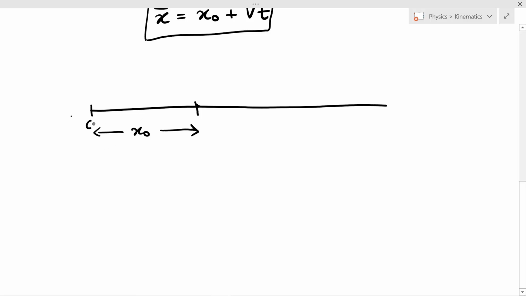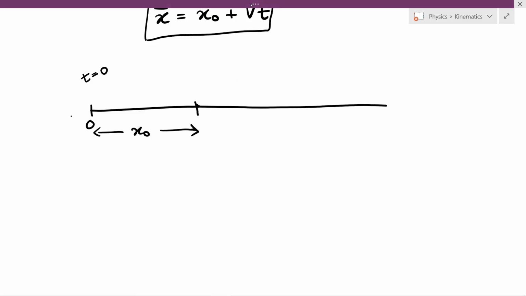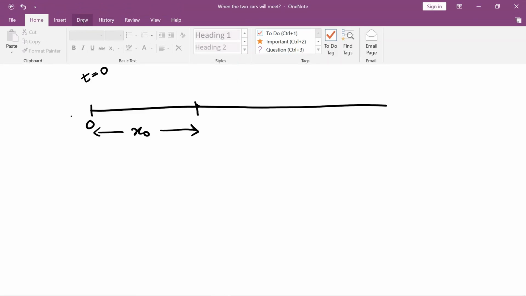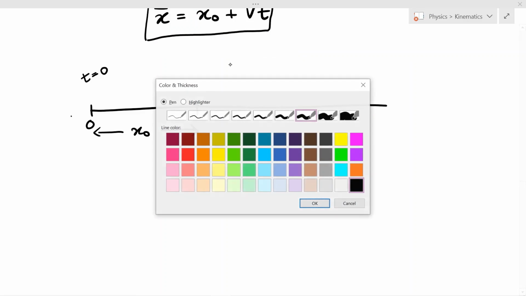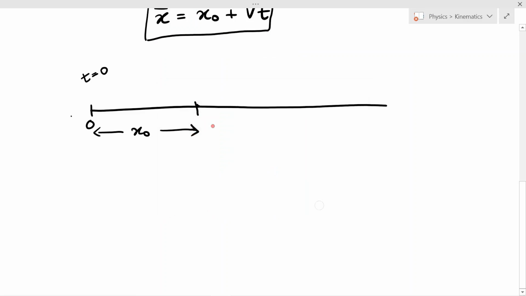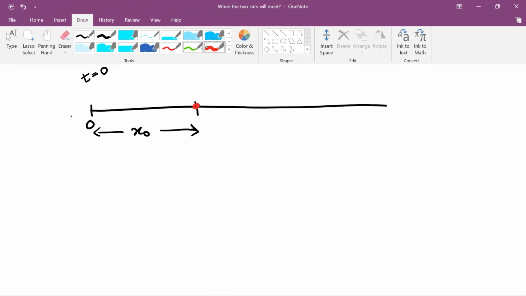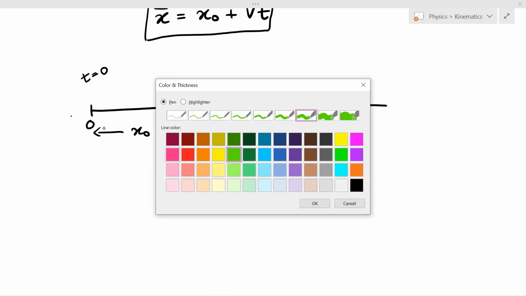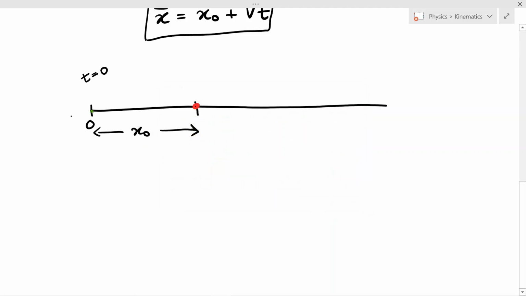That is, this is origin, and let's say t equal to 0. So there is this red object which is at t equal to 0 at distance x0 from the origin, and let's say there is another object, let me put a green here, which comes at origin at the same instant, that is at t equal to 0.